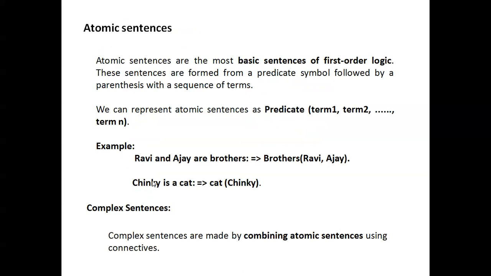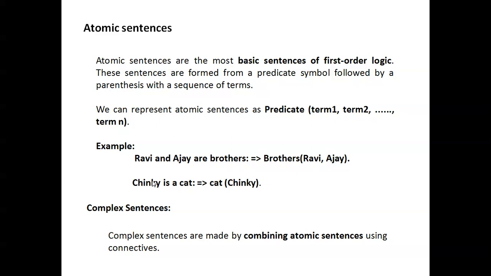Now atomic sentences. Atomic sentences are the basic sentences of first order logic. They are formed from a predicate symbol followed by parentheses with a sequence of terms.